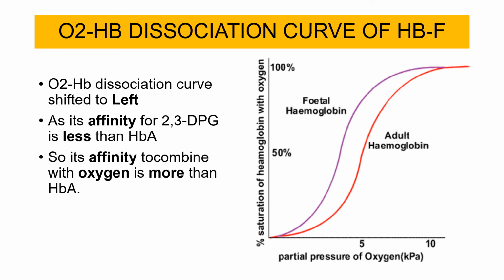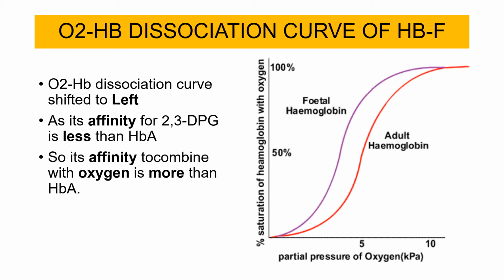How is the oxygen dissociation curve of fetal hemoglobin responsible for left shift? Fetal hemoglobin has much higher affinity for oxygen. What is the benefit of this? Because you know that partial pressure of oxygen in fetal blood is low. At that low partial pressure, hemoglobin has to take up the oxygen.